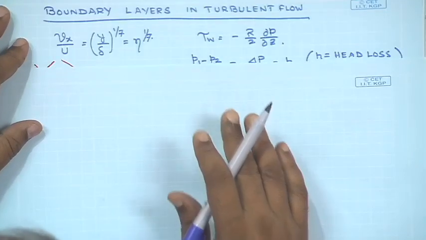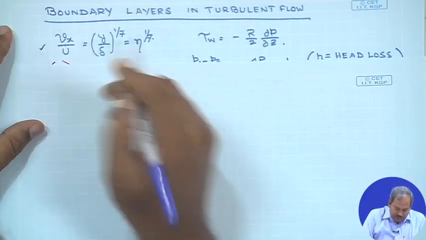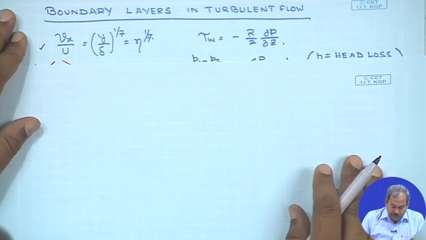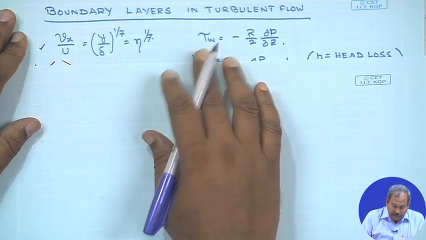The relation between wall shear stress and the pressure gradient for flow in a horizontal pipe would be our starting point to evaluate the left hand side of the momentum integral equation, which we are going to do now.